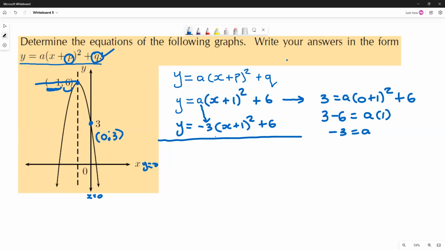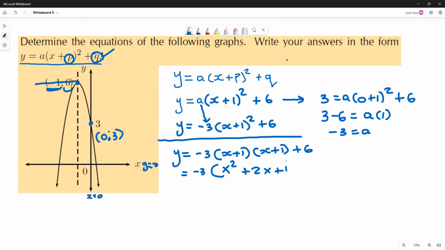You say y equals negative 3, then you have (x plus 1), then another (x plus 1), then plus 6. When you expand this bracket, you get x squared plus 2x plus 1, close bracket, plus 6.